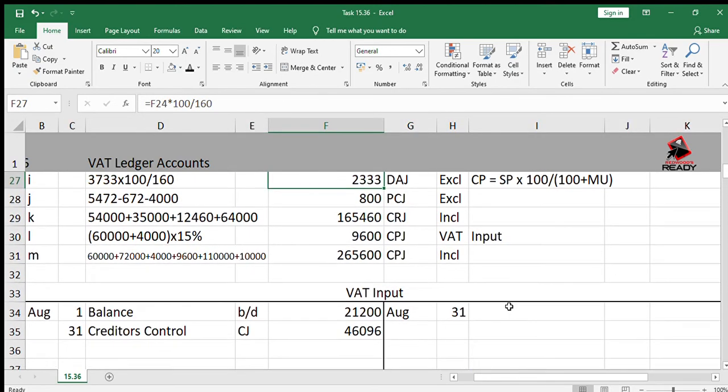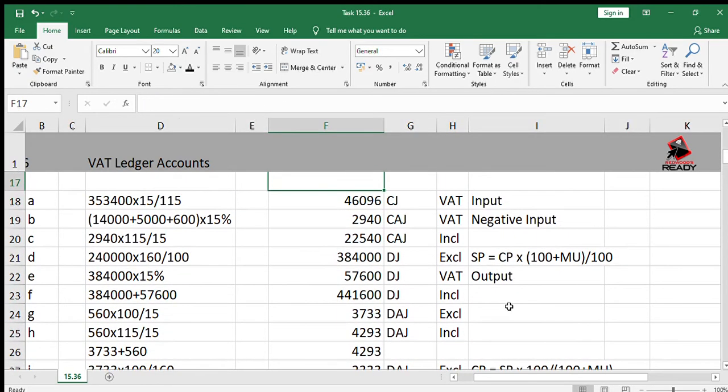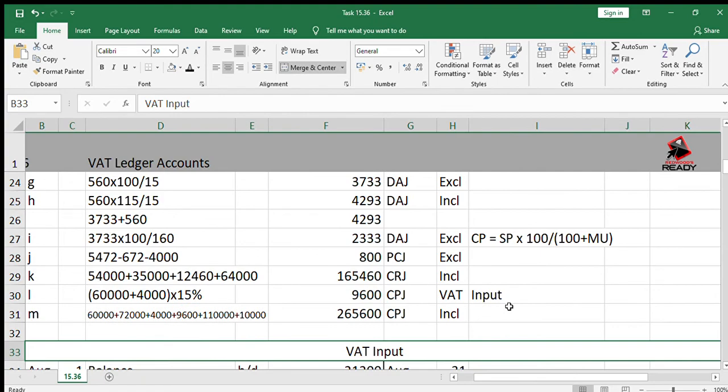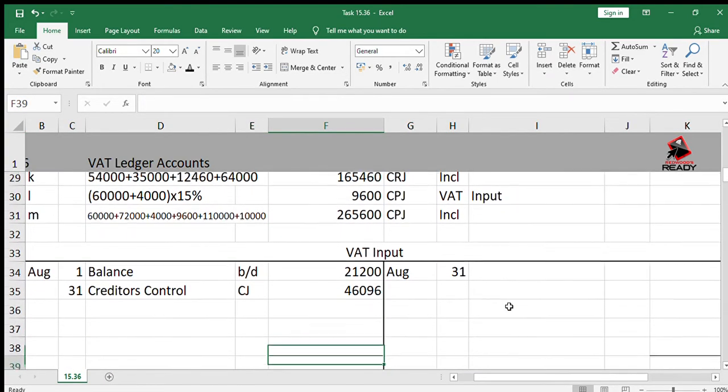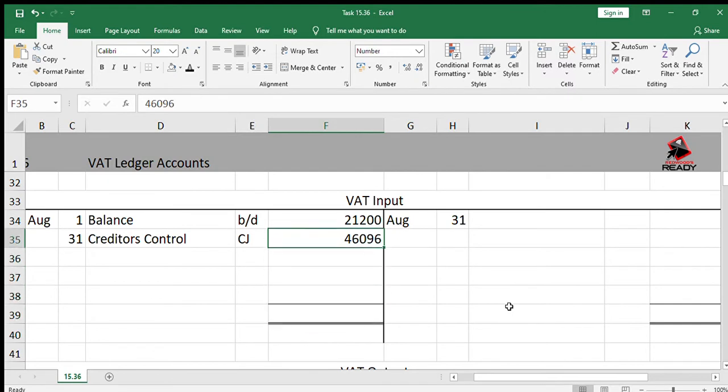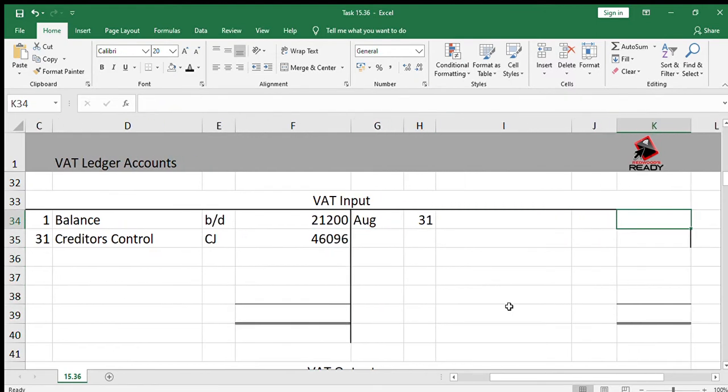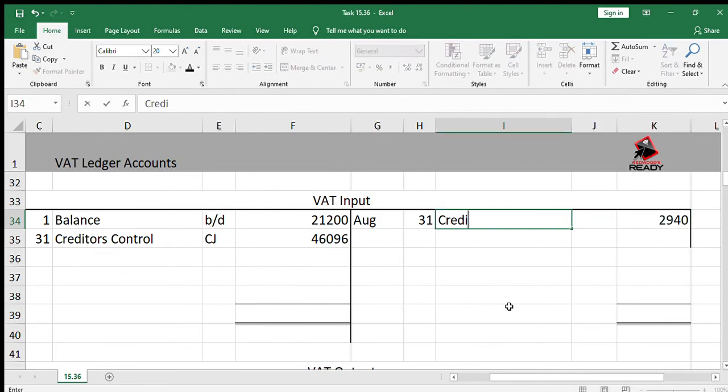Okay, next journal, we have the creditors allowances journal. And so that is B's answer. We calculated 2940. Okay, now I also told you in B that that is negative input. So that means it's the opposite of normal input. So instead of putting it on the debit side, we're going to put it on the credit side. So we're going to put 2940 here. And your details will be creditors control.